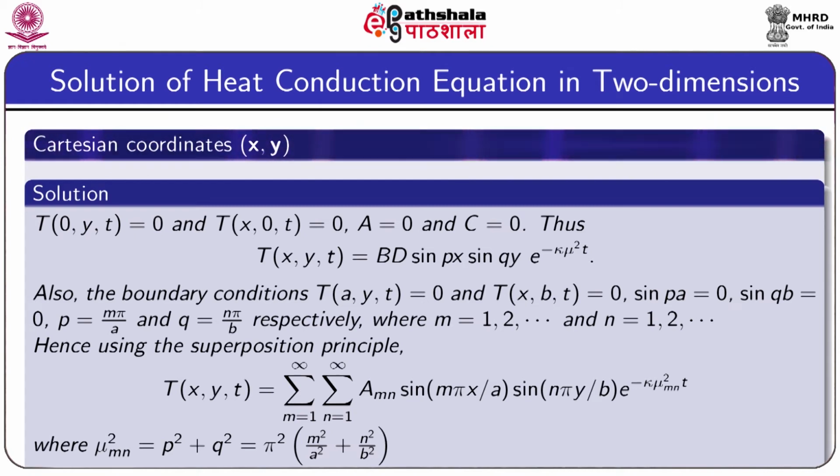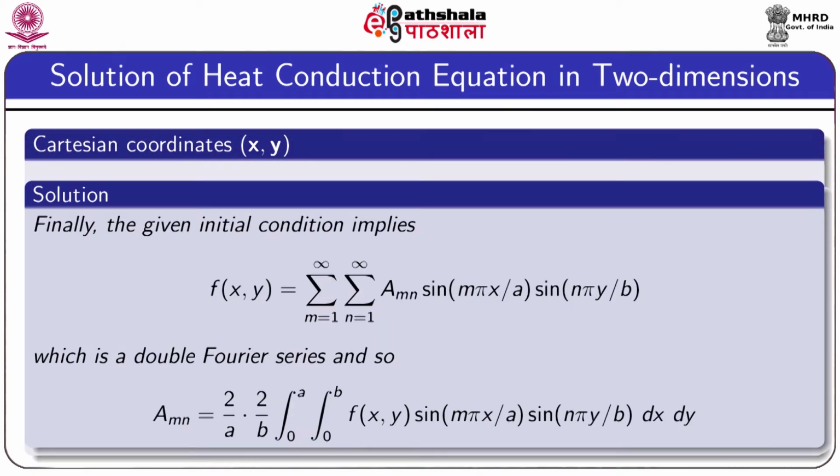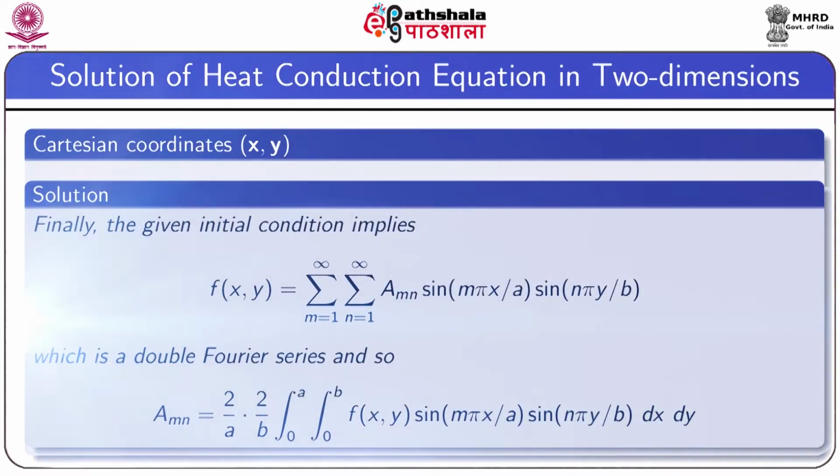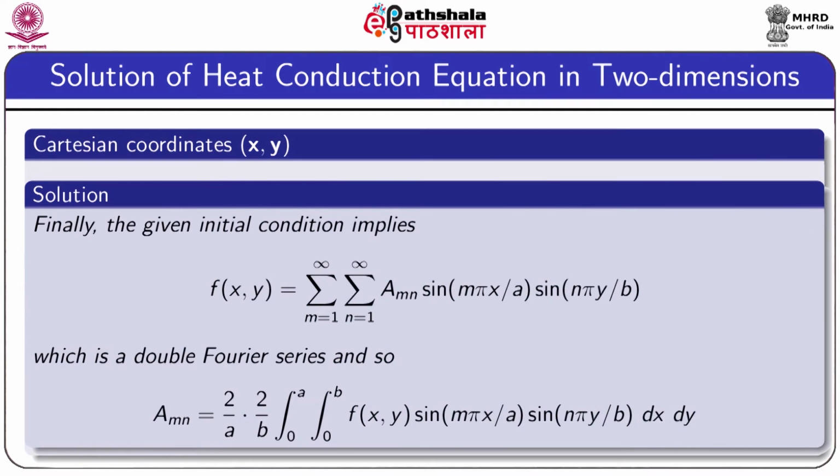If we apply this initial condition, we obtain a relation in the form f(x, y) equals sum over m, sum over n, a_mn sin(m pi x by a) sin(n pi y by b). From this expression, it is clear that this represents a double Fourier series. Particularly, this is a sine series.